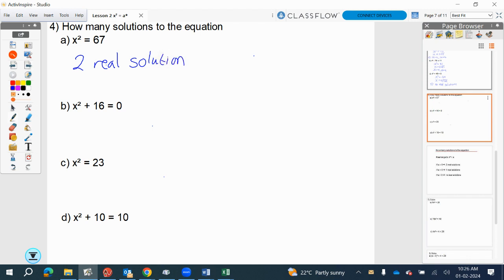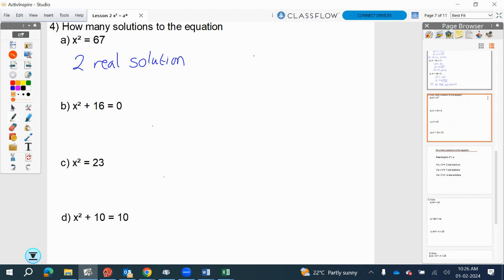Always rearrange into the characteristic equation x squared equals a. Then you can analyze how many solutions it will have. So for this, on this course, you write no real solutions.